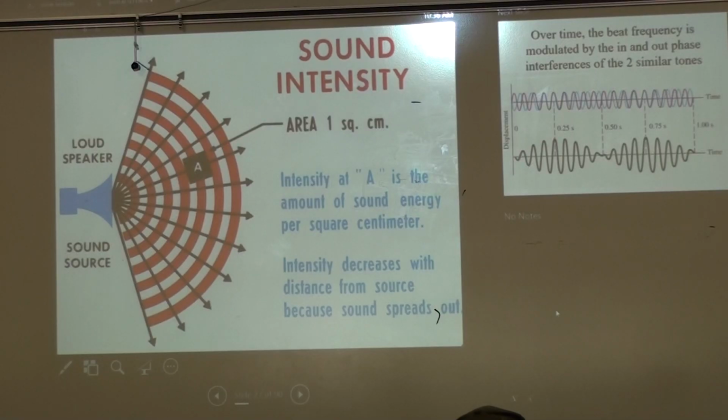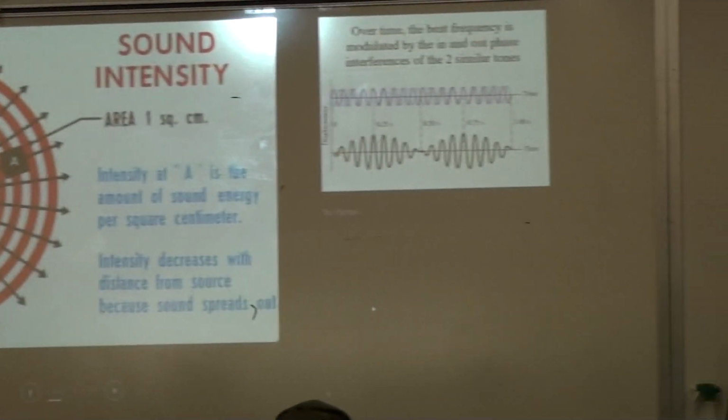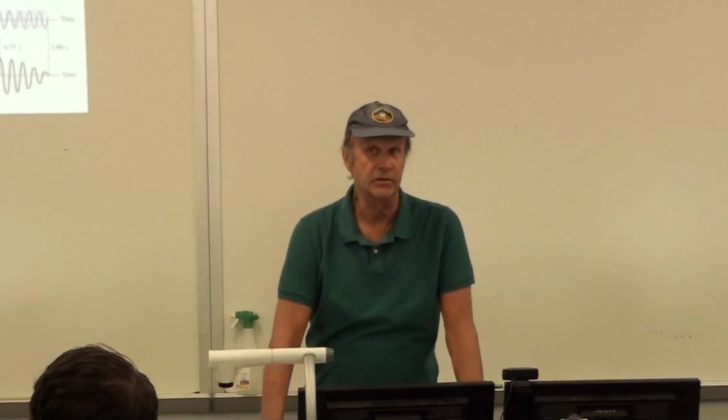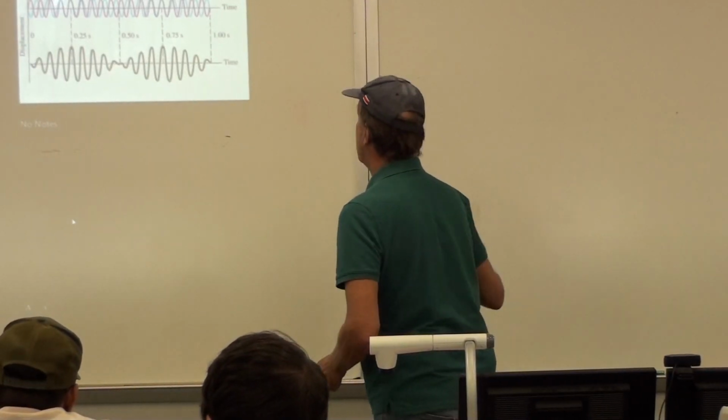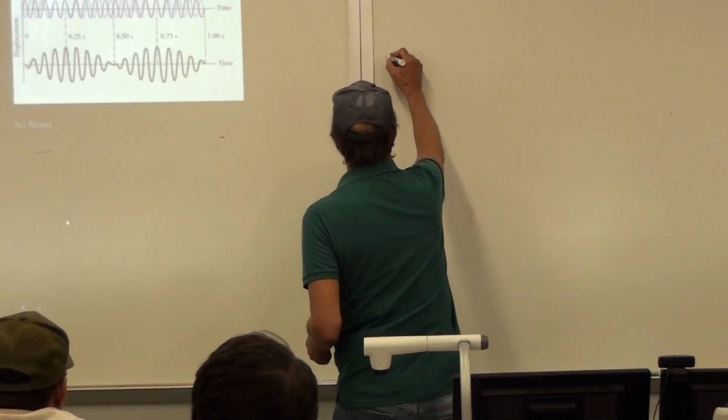But what we saw in that previous example is that for the faintest sound that you can hear, the amplitude is only something like 1/10 trillionth the amplitude of the loudest sound that you can hear. Okay? And so that would be more on the order of 1 watt per square meter.